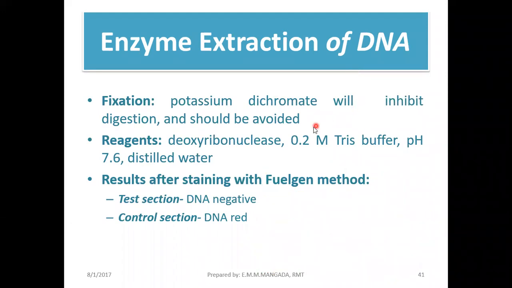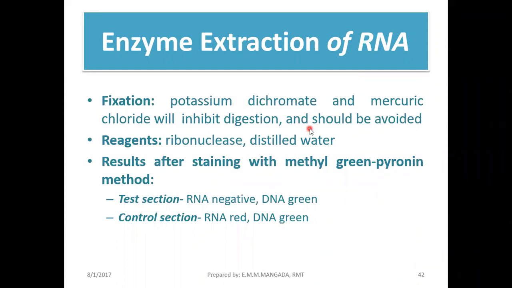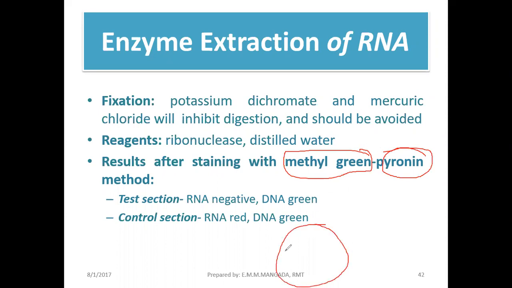This is what we call naman your enzyme extraction for RNA. In this one, the staining technique that we use is your methyl green pyronine method. Your methyl green stains your DNA green and your pyronine stains your RNA red. So guys, for example, this is your tissue or your cell.